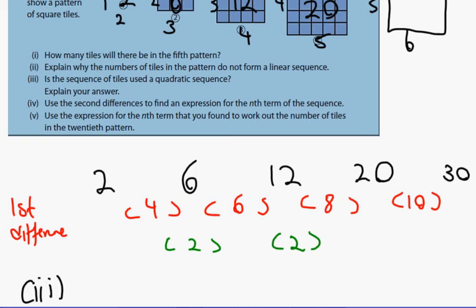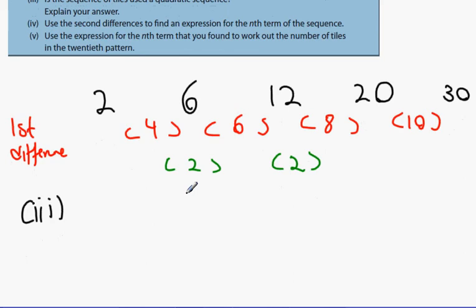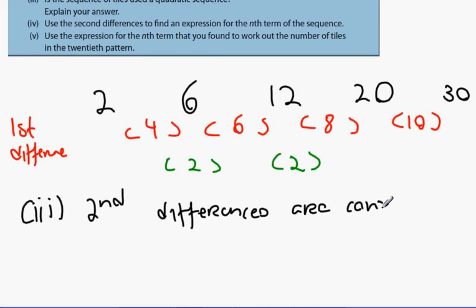It is a quadratic sequence because the second differences are the same, are constant. So you just write down: second differences are constant. So it is a quadratic sequence.